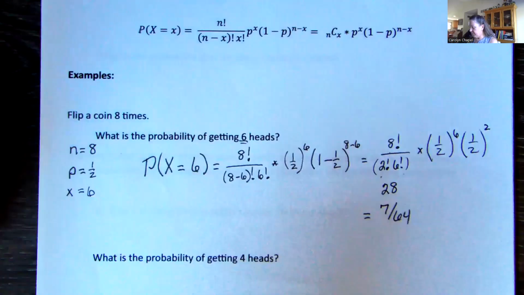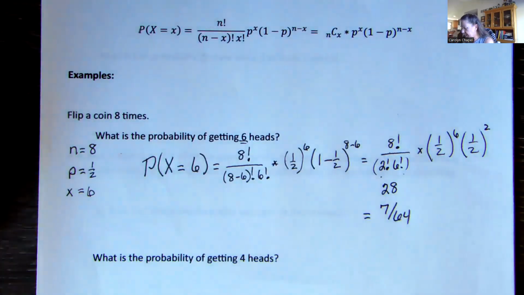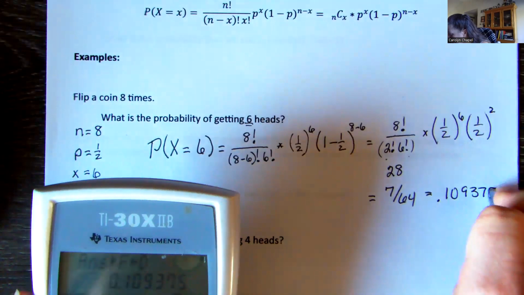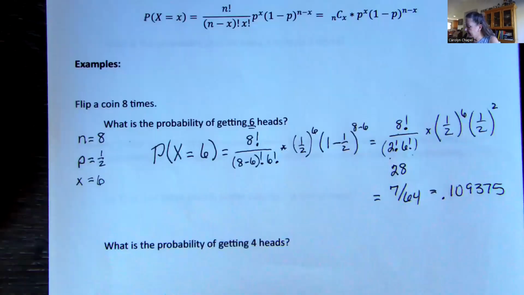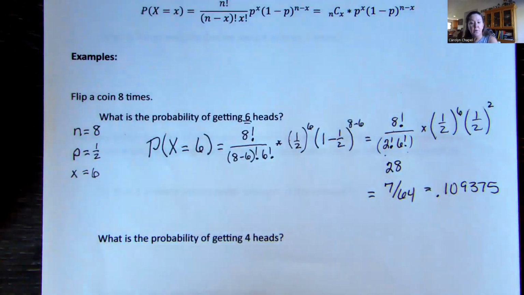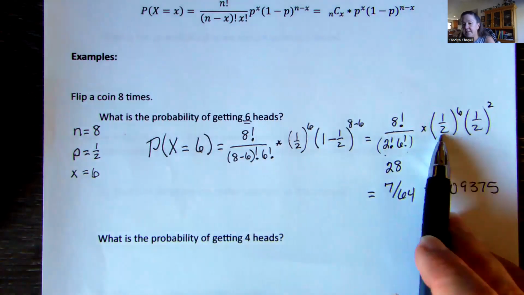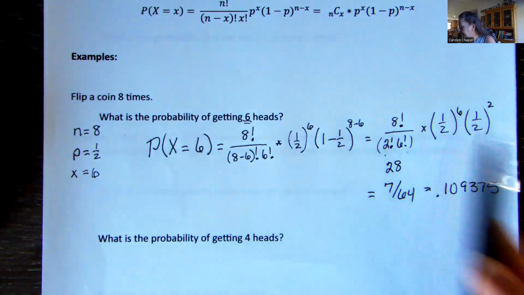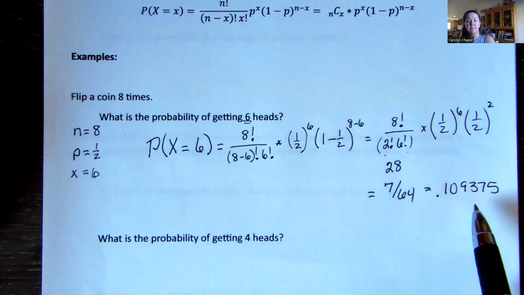I could turn it into a decimal, which might be a little nicer to look at: 0.109375. If I had worked with decimals here and used 0.5 instead of the 1/2, I would have gotten that decimal to begin with.